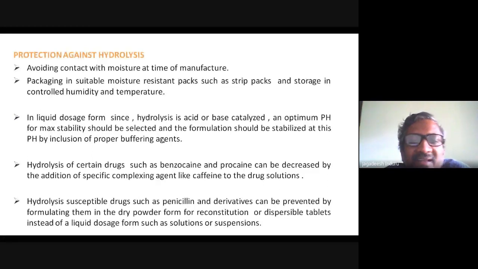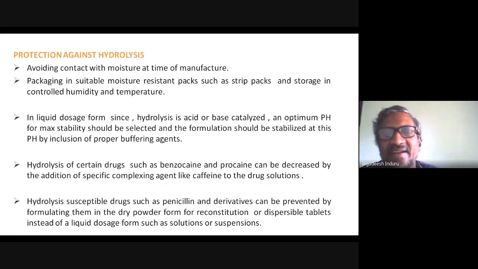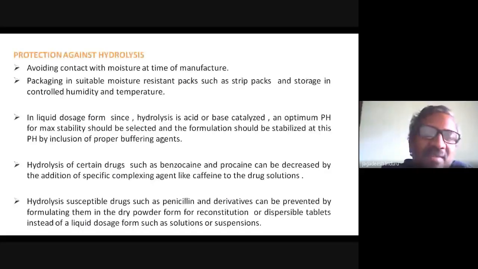Hydrolysis of certain drugs like benzocaine and procaine can be decreased by the addition of a specific complexing agent. Most of the times, another component, which is inert or may even be a drug, is mixed with it and they form a complex. By forming a complex, the amide or ester linkage is protected or shielded by the complexing agent.